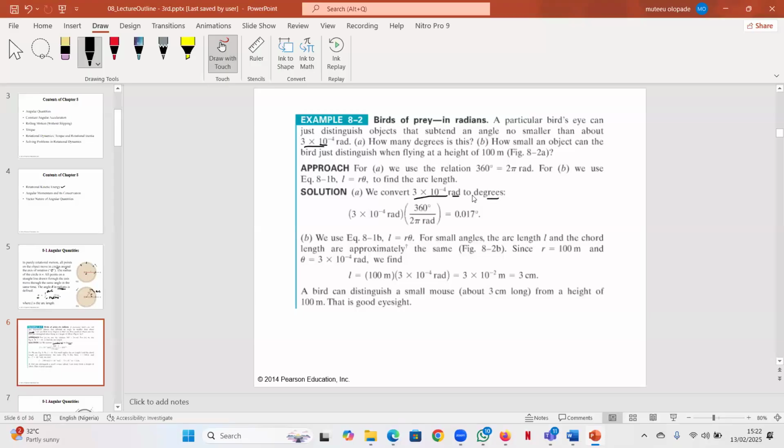We all know that 2 pi radians is equal to 360 degrees.